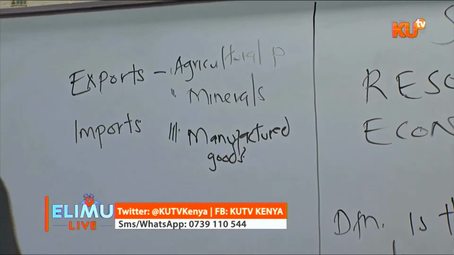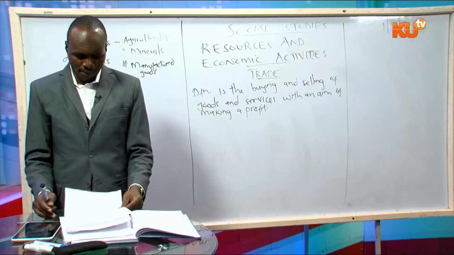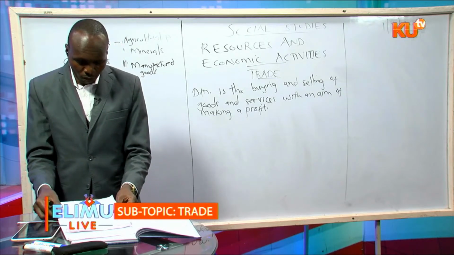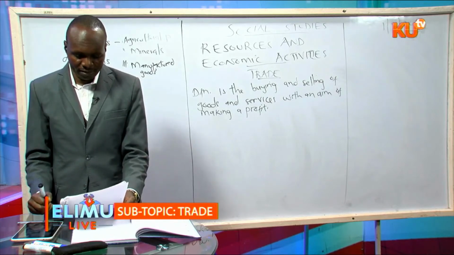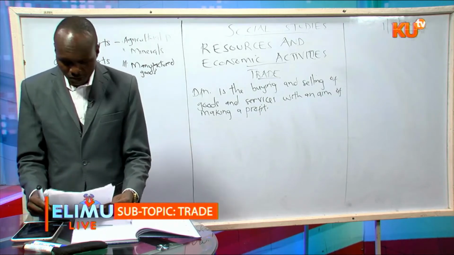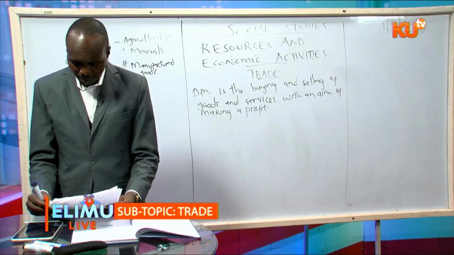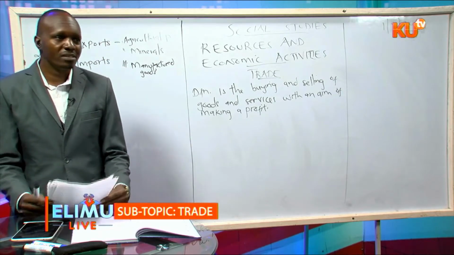The first one, agricultural products, includes fruits, pineapples, coffee, hides and skins, pyrethrum products, sisal fiber, wattle, livestock, cashew nuts, vegetables, meat, flowers, as well as tea.